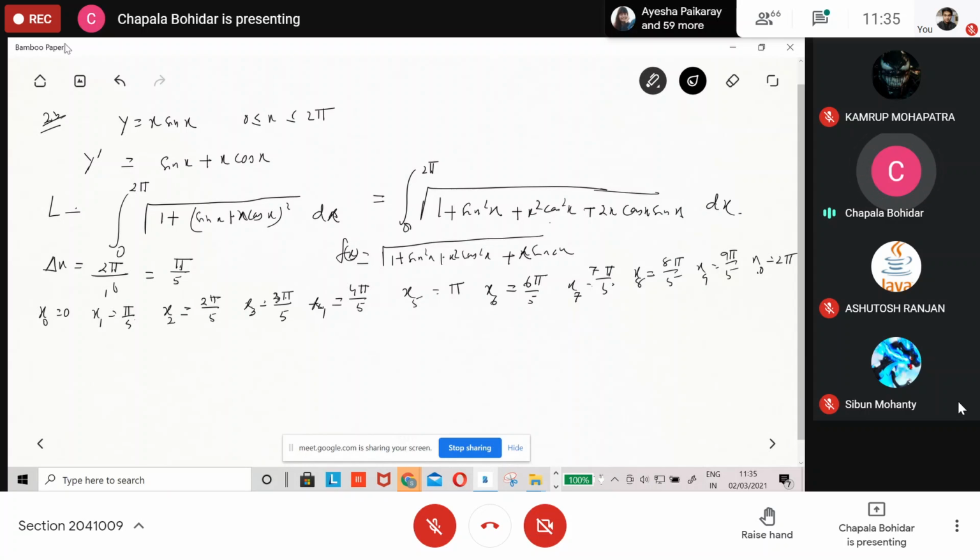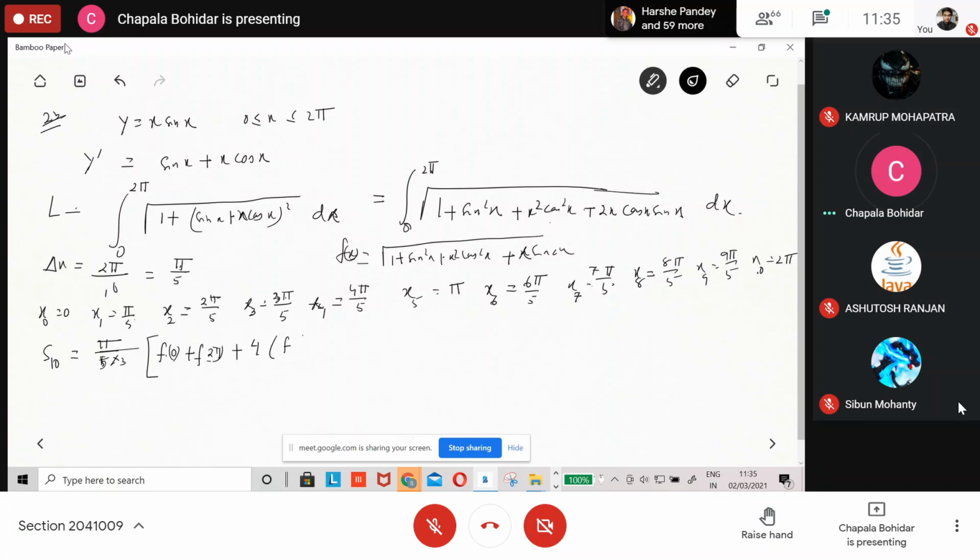So we have to find Simpson S10, which is equal to pi by 5 divided by 3, times f of 0, the starting value, plus f of 2 pi, the ending value.